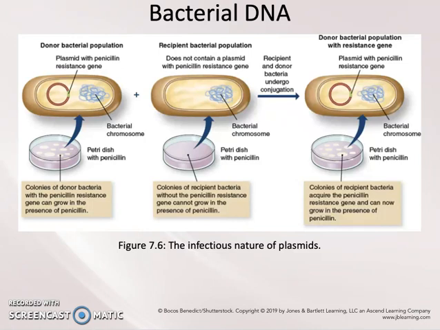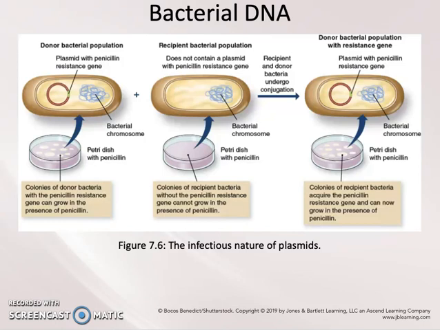The first cell that's donating the plasmid retains a copy of the plasmid DNA, and the second cell receives the copy. And so, in the end, both cells end up with the plasmid, and both cells can share that advantageous DNA with other bacterial cells.